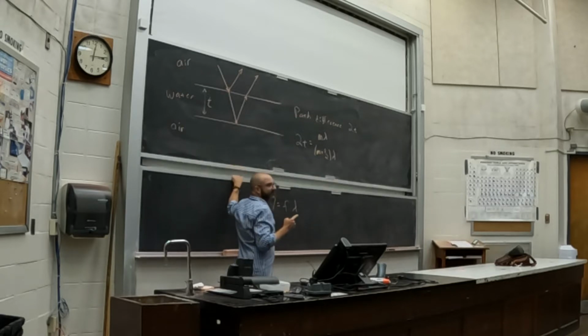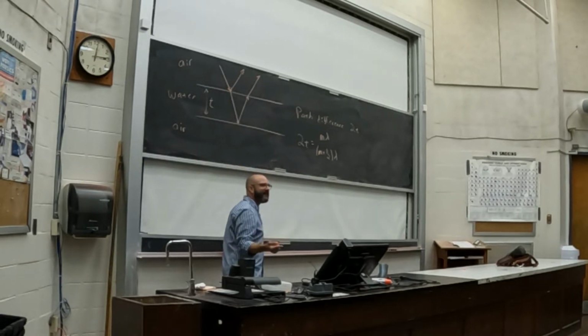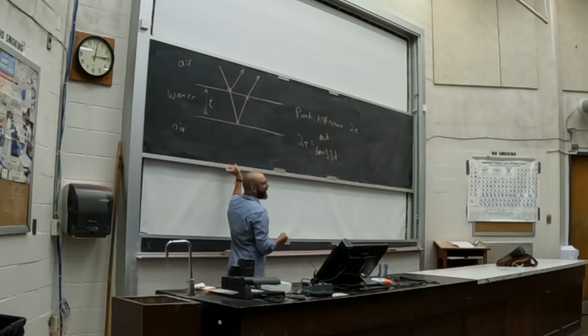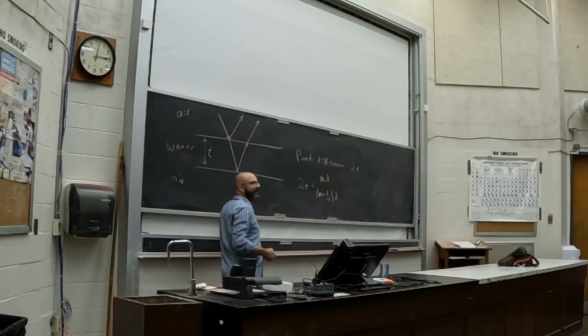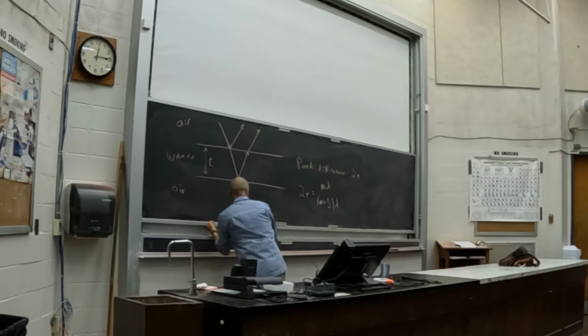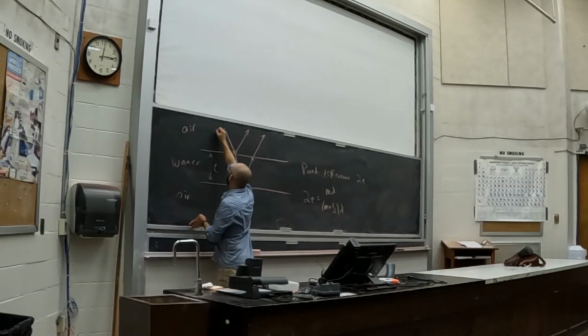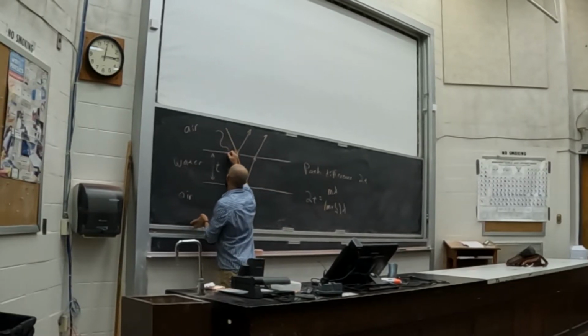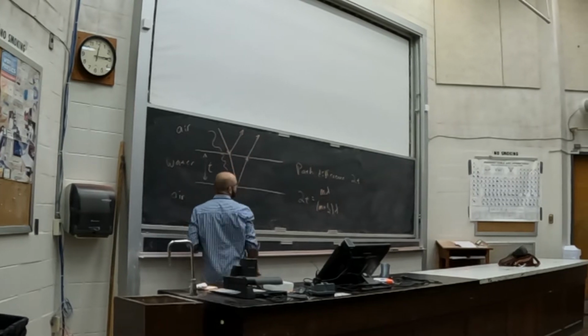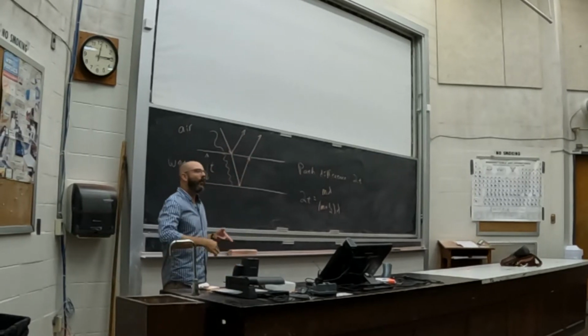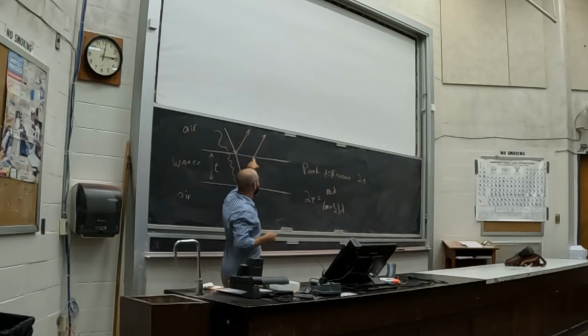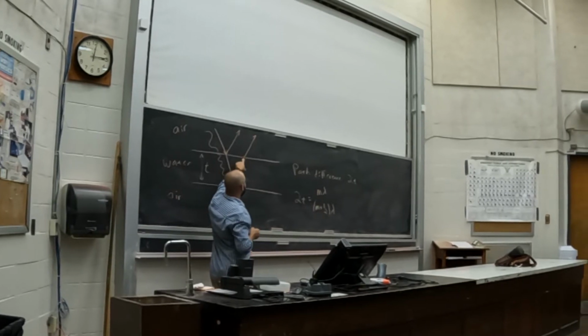That's important to us because that's what we're trying to match up anyway. We're trying to match up peaks and valleys, which means up here I might have a wave that looks like this, and in here I might have a wave that looks like this. For this to be constructive interference, if this is bouncing off with a peak, this has to be leaving with a peak.